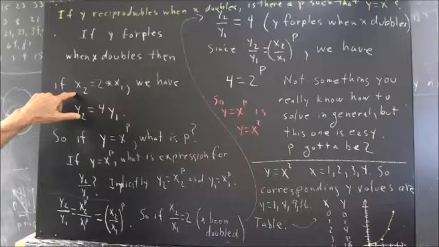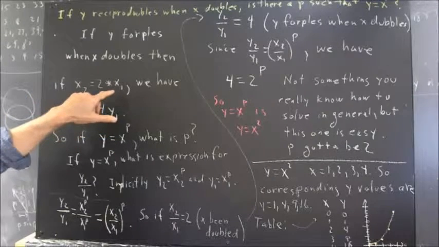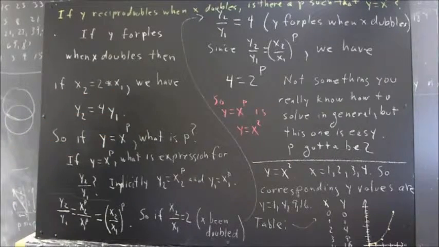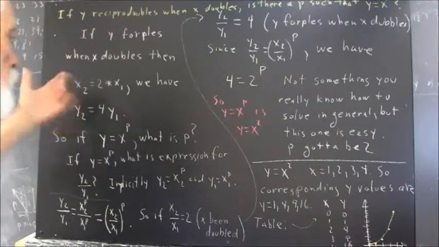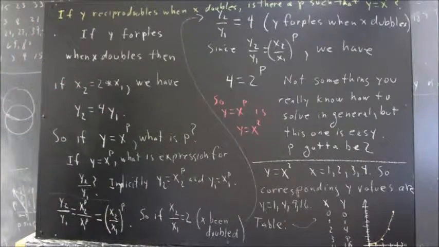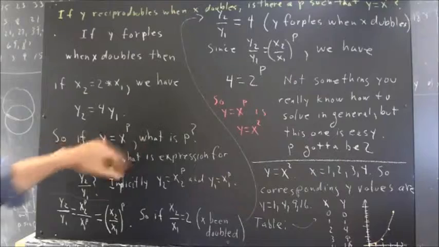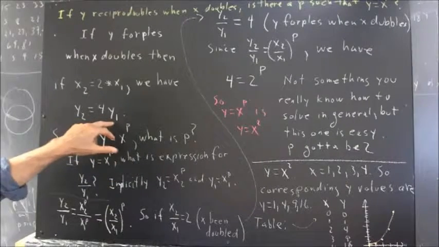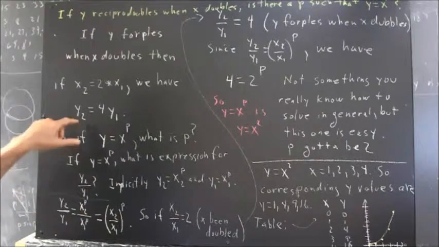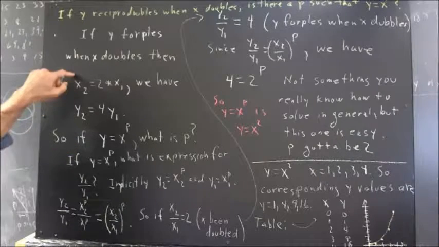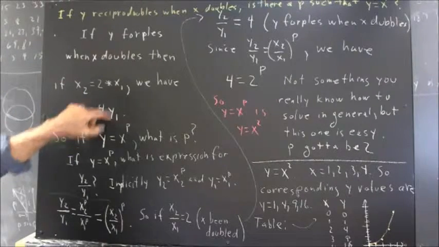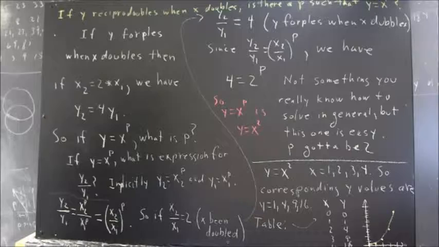If x2 equals 2 times x1, where x1 and x2 are two values of x, then we have to have that y2 equals 4 times y1, where y2 is the y value that corresponds to x2, and y1 the y value that corresponds to x1.